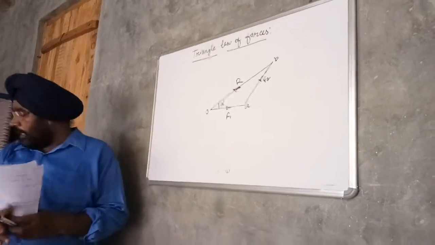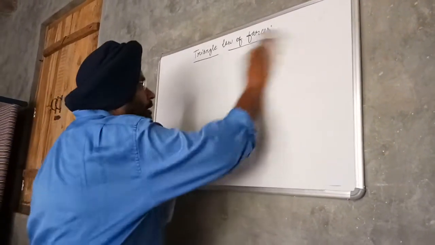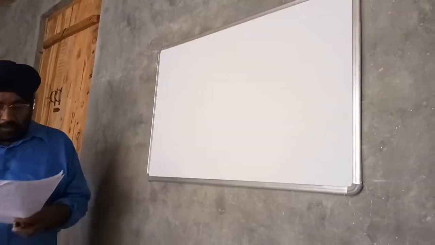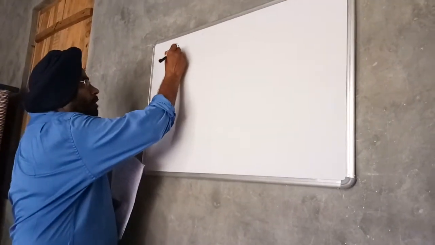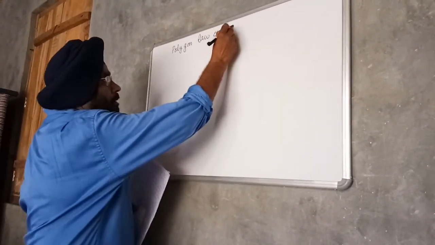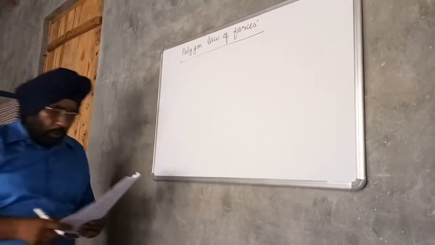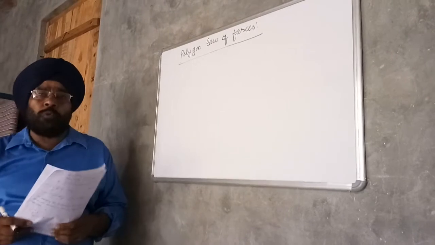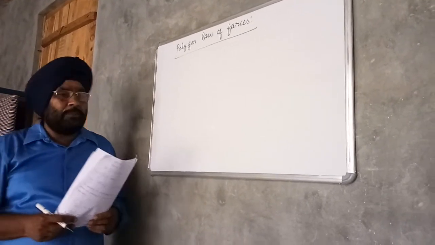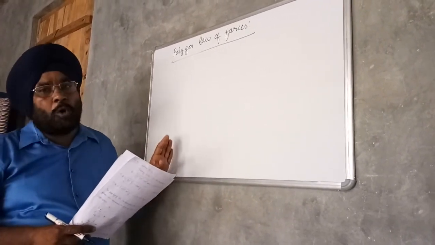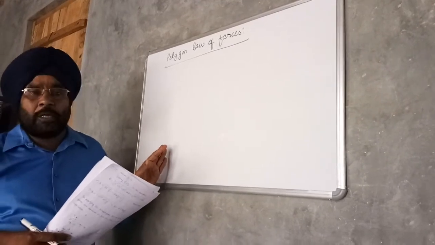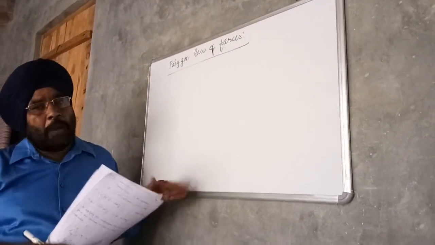Next is the polygon law of forces. The polygon law of forces states that if a number of forces acting simultaneously on a rigid body are represented in magnitude and direction by the sides of a polygon taken in order, then the resultant force is represented by the closing side of the polygon taken in opposite order.